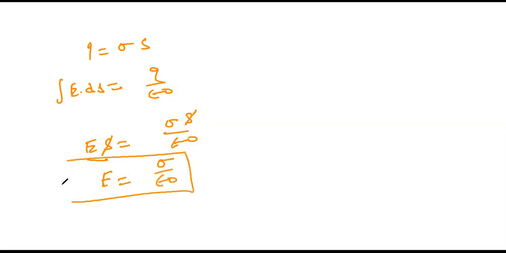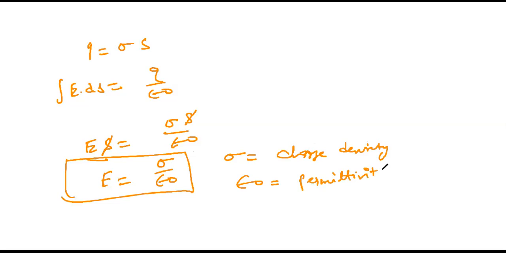What is sigma here? Charge density. Epsilon naught. Are you following it? Yes, sir. So this is the formula: E is equal to sigma upon epsilon naught. Is anything left inside this?